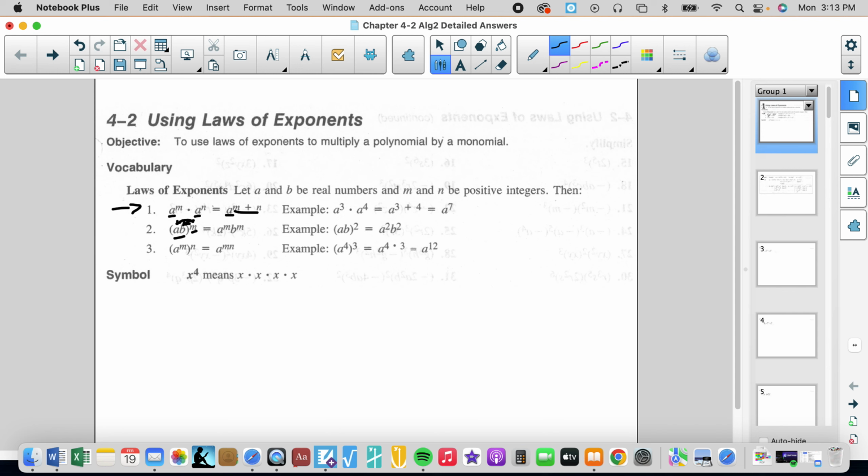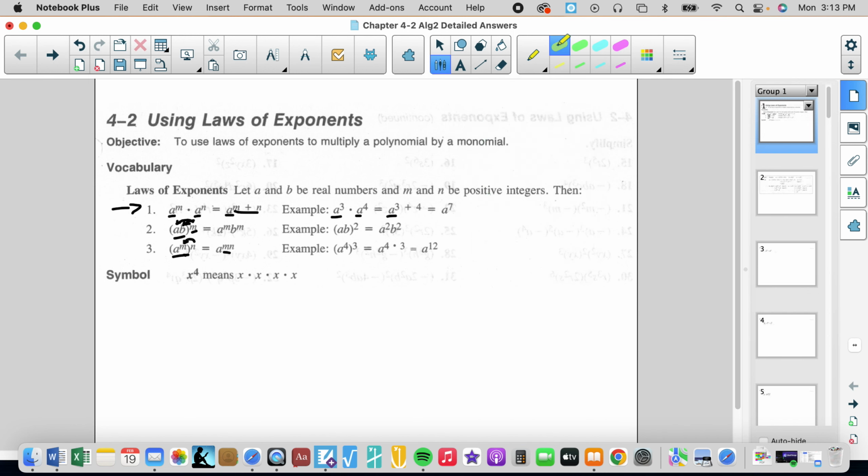Typically, you don't distribute across multiplication, but when we're talking about exponents, you can. And then, when we do have exponents, what do we do with the exponents? We multiply their exponents.